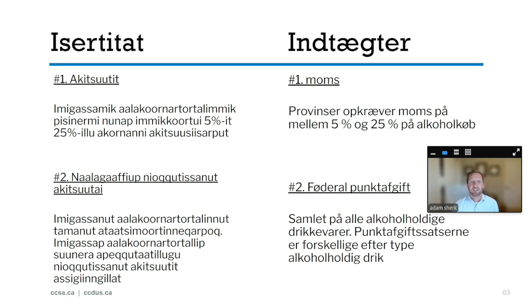The second tax that is applied to alcohol sold in Canada is a national tax, a federal tax, so that's set by the federal government. It is a federal excise tax, and it's collected on all alcoholic beverages. Now, the excise tax rates differ by alcoholic beverage type. What I mean by that is the excise tax rate on beer is different than that on wine, which is different than that on spirits.